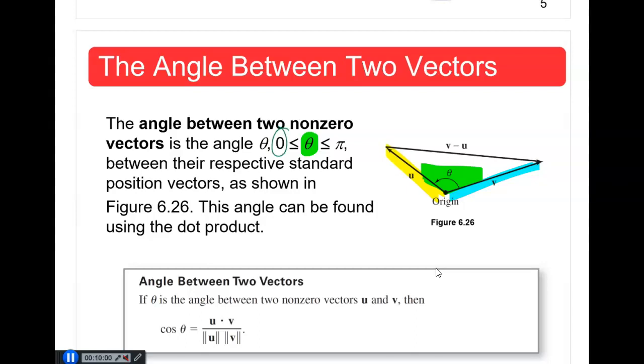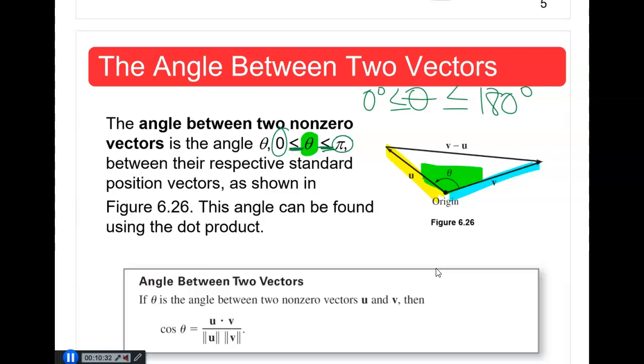So it's going to be greater than or equal to 0, meaning 0 is included, or in radians, less than or equal to pi. So in degrees, theta will be greater than or equal to 0 degrees and less than or equal to 180 degrees.